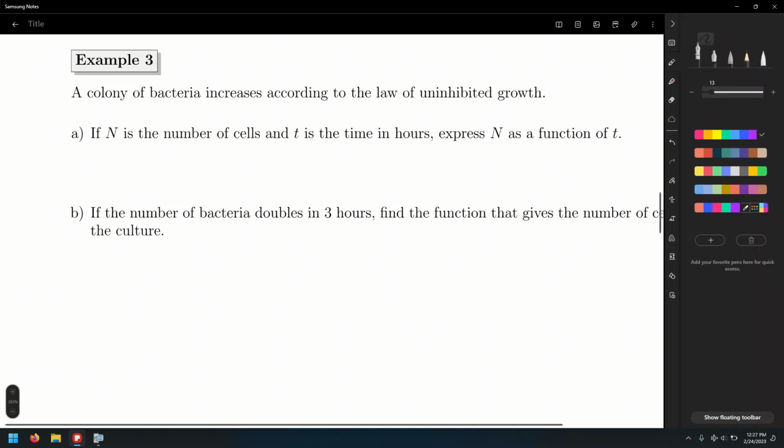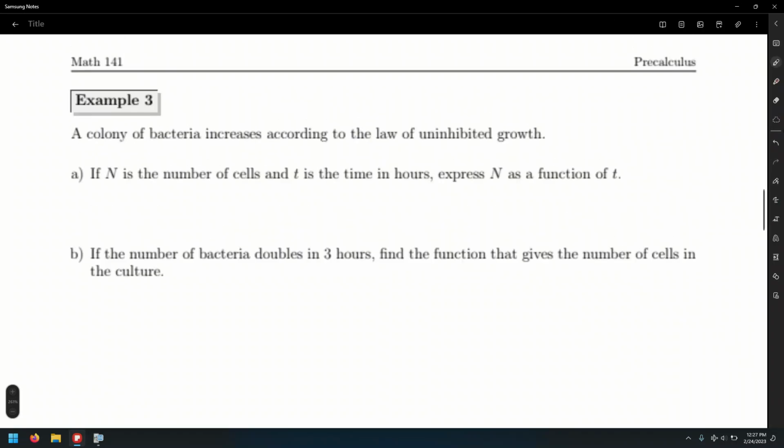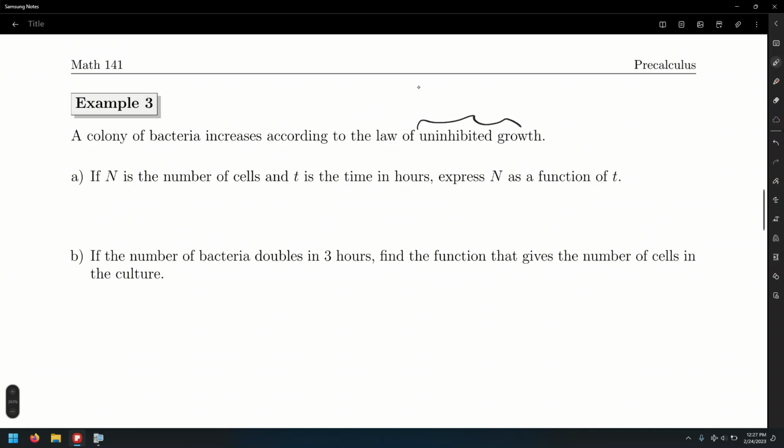Well, check this out. So uninhibited growth, that's basically N of t equals N initial, or sometimes they use A of t for amount, equals A sub 0, that's for initial, times e raised to the kt. And in this case, notice the exponent for the exponential is positive because we're still talking about growth. All right.